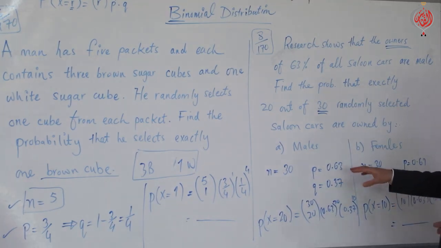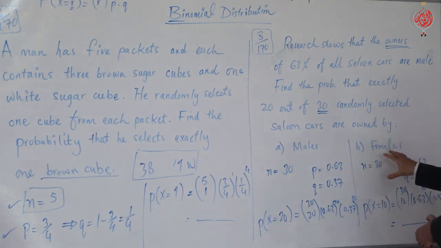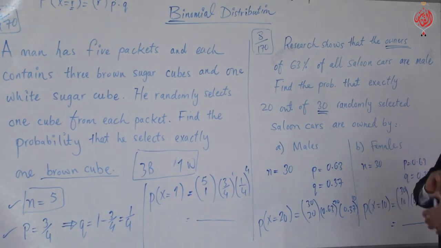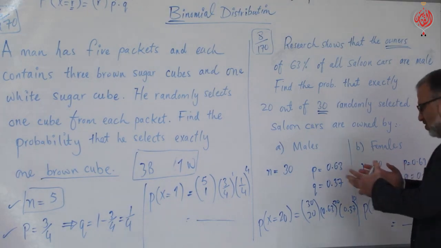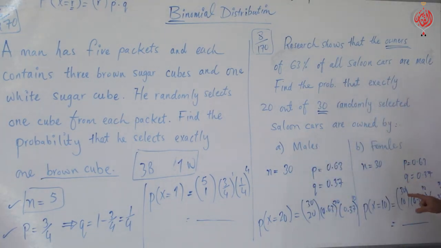I don't say you must keep P and Q; you can change them in part B if you want. But if I want to use the same P and Q in both parts A and B, you have to consider the random variable.